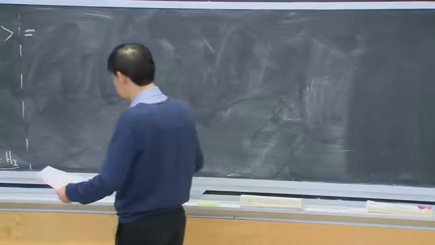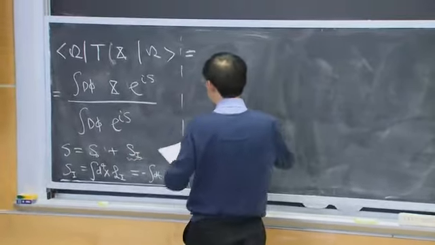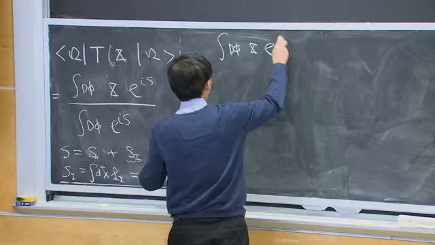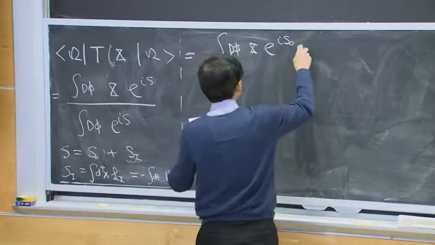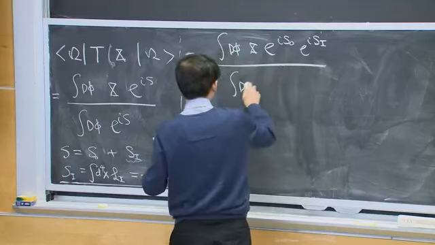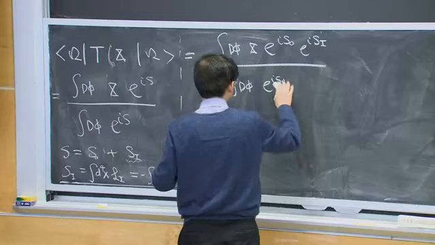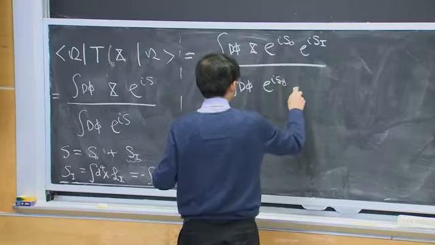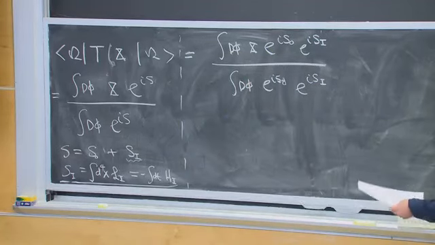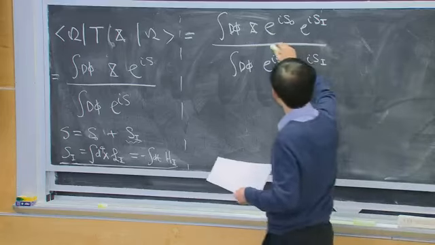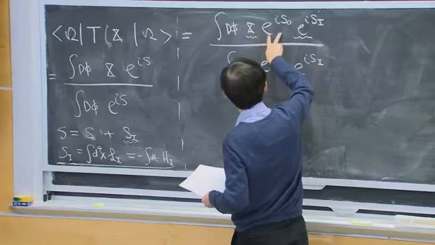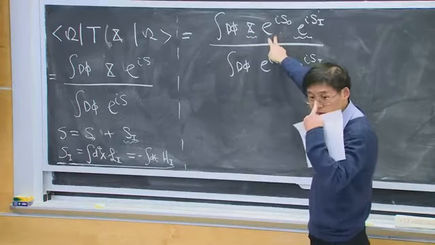For this purpose, we can write this more explicitly as the integral of d phi, then you have x, then e to the i S_0, then the expression e to the i S_I, divided by the integral of d phi, e to the i S_0, e to the i S_I. Now we can treat this as the integrand for the free theory.